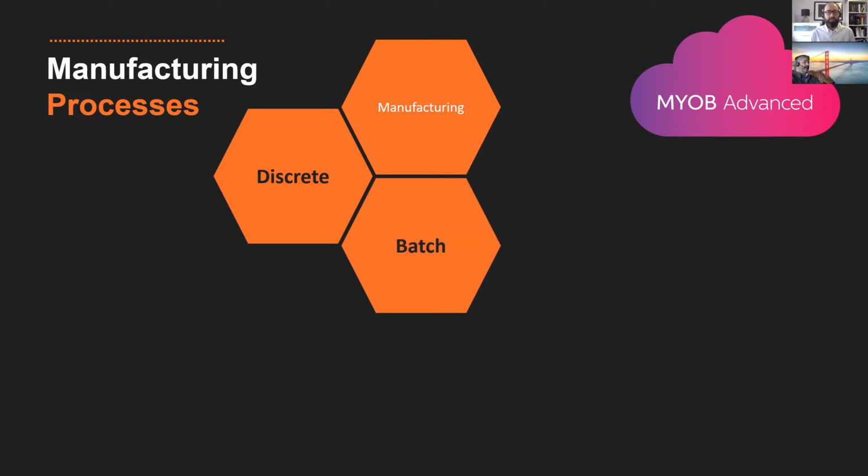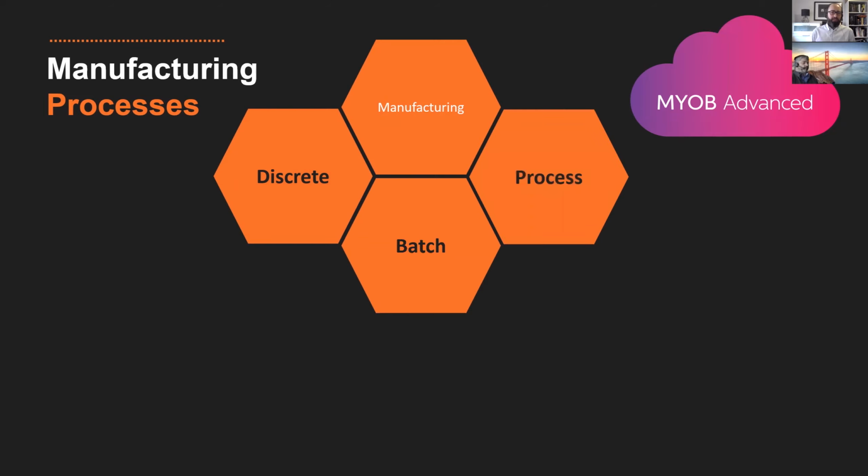Other types of manufacturing processes are batch. Again, this is when you typically have a standard recipe or a bill of materials and you're building batches of units, can be tens, hundreds or thousands of units at a time. And it's a consistent workflow producing these units, raw material, operations, routes and the like, and they're consistent through the manufacturing process.